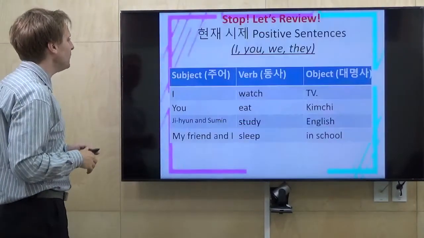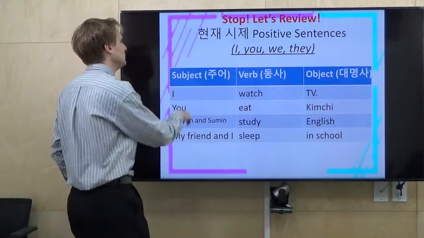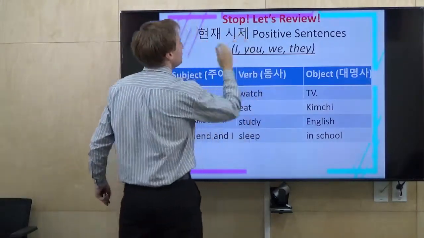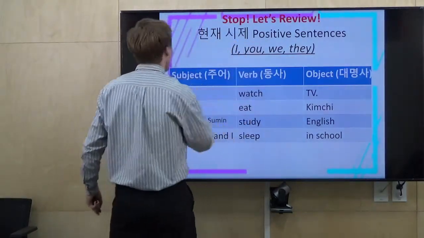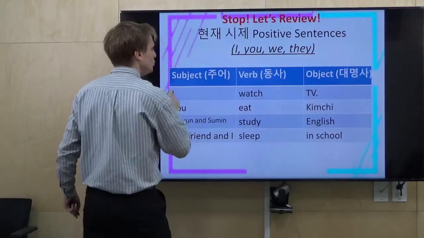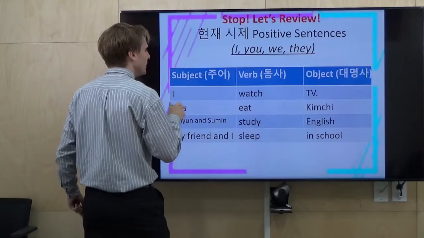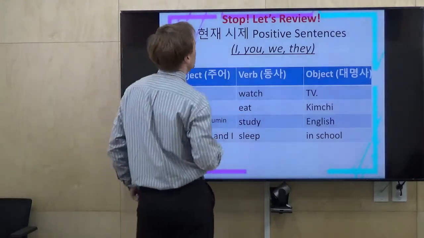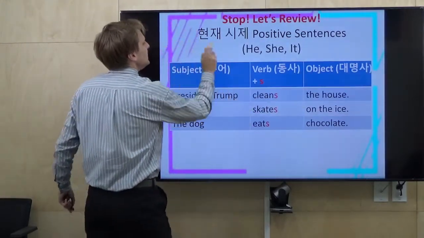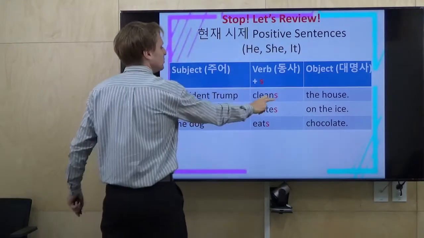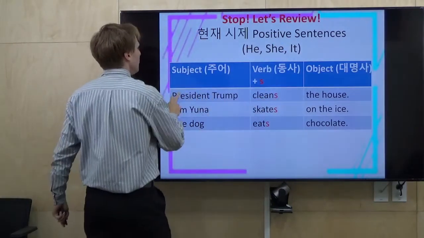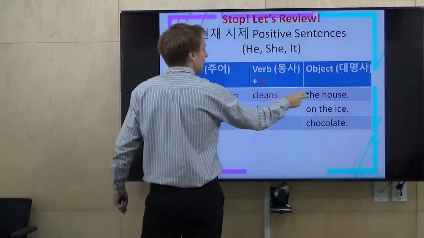everything we studied. First, positive sentence: subject, verb, object. For I, you, we, and they: I watch TV. You eat kimchi. Jihyun and Sumin study English. My friend and I sleep in school. For a he, she, or it sentence, we add an S on the verb. President Trump cleans the house.